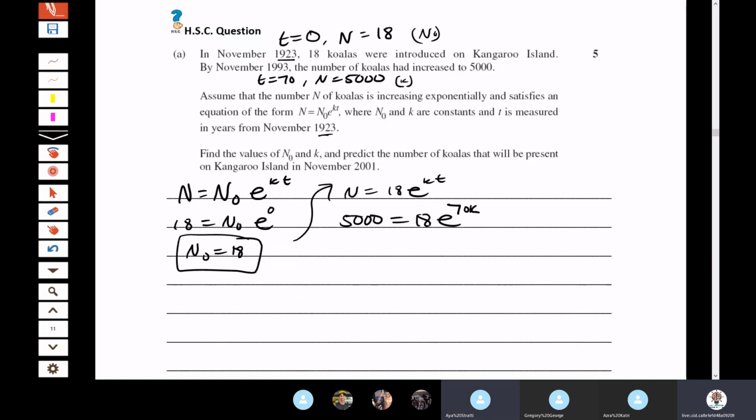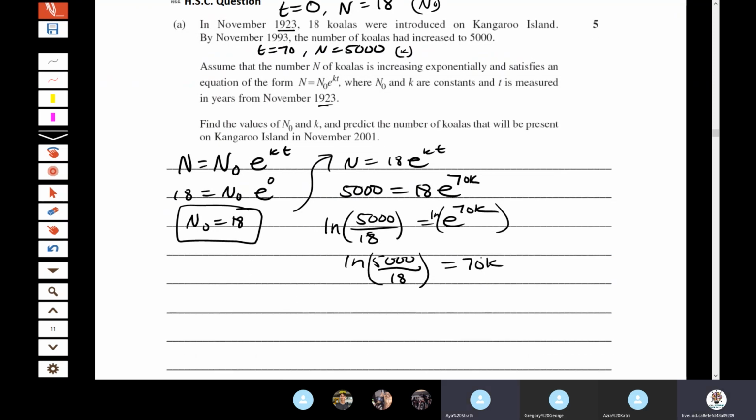Now we want to solve for K. So bring the 70 down. Not yet. First, divide by 18. So it'll be 5,000 over 18 equals e^(70K). Now you want to log both sides. Then you're allowed to bring the 70K down, because log of e just cancels out. So you have log of that over that equals 70K, and then you divide by 70.